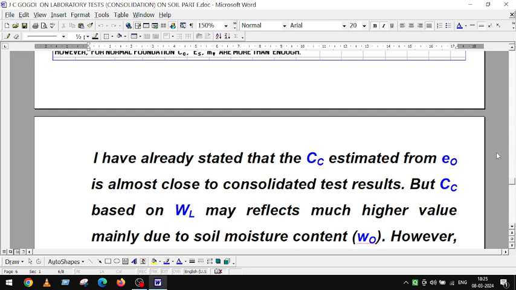The CC estimated from E0 is also close to consolidation test results, but CC based on WL is entirely dependent on soil plasticity. The higher the plasticity and liquid limit, automatically the CC, the compression index, will be more.